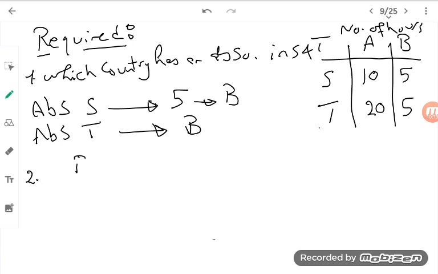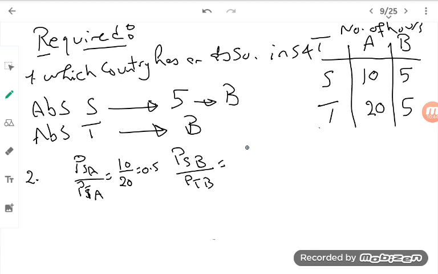So we have to calculate the relative price of soybeans in country A and the relative price of soybeans in country B. In country A it's 10/20, which is half, and in country B it's 5/5, which is 1. So country A has a comparative advantage in the production of soybeans.